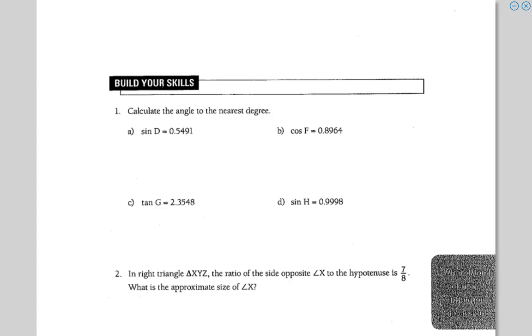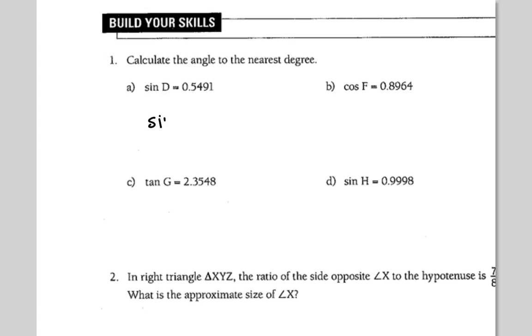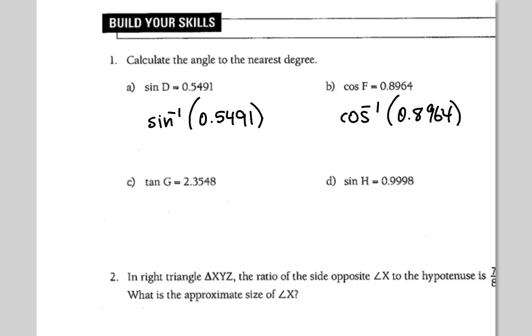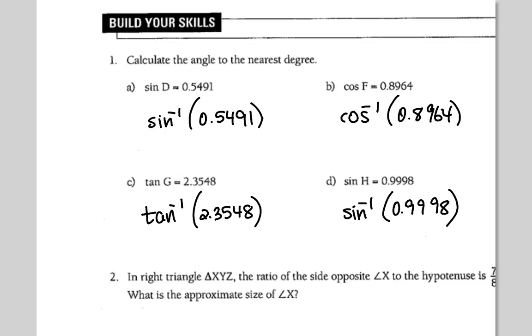So for number one, all you have to do is second function sine, insert the ratio. For B, second function cos, insert the ratio. Second function tan, insert the ratio. And they're doing another sine for some reason, not sure why. Alright, so I'll just type these into the calculator. 0.5491.